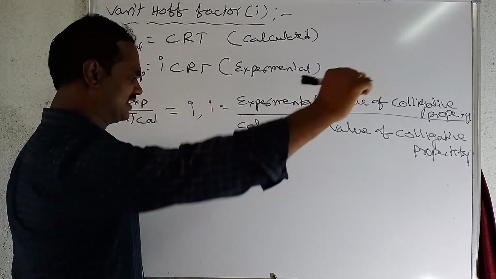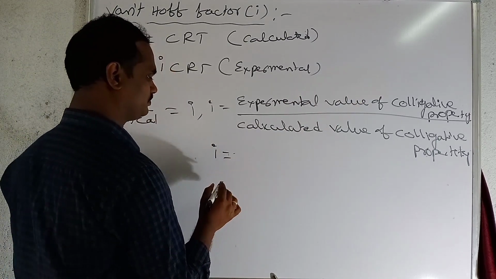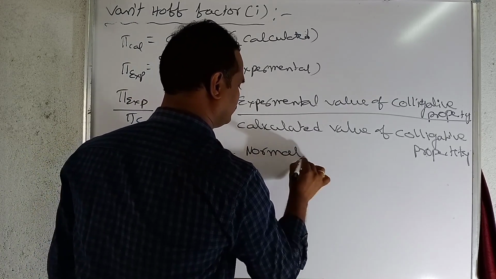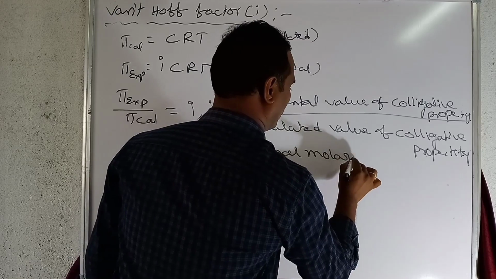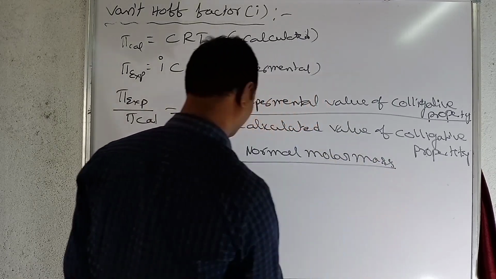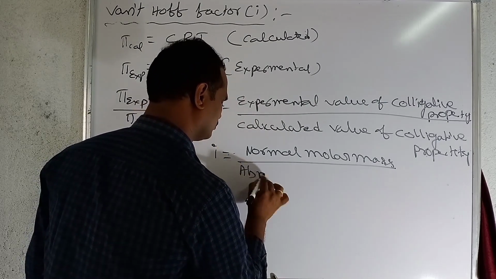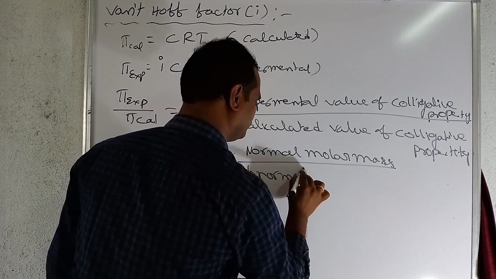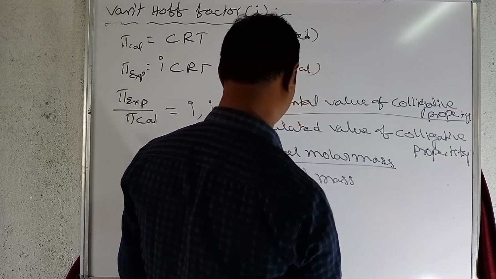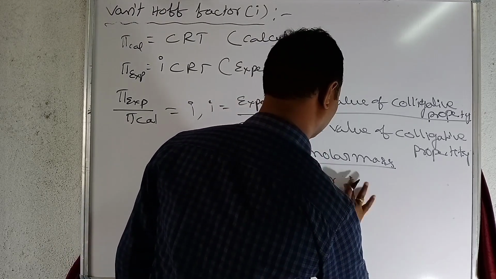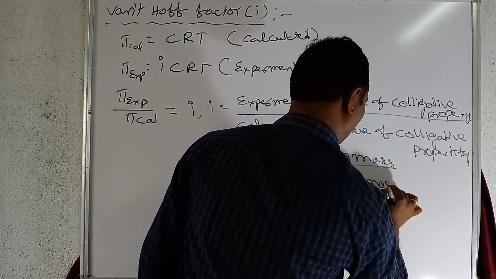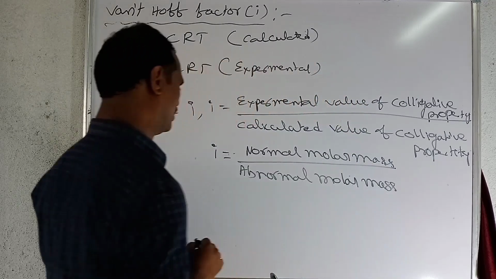In the same way, the second formula: i is equal to the normal molar mass of solute by the abnormal molar mass of solute particle.